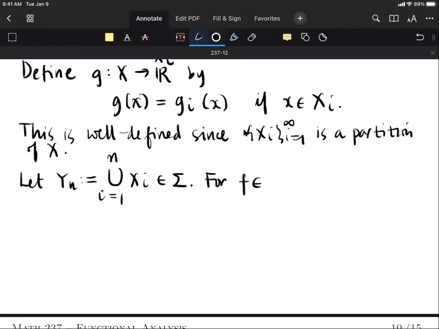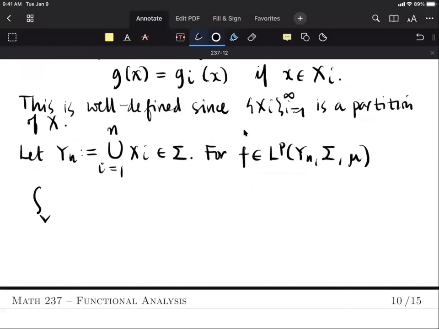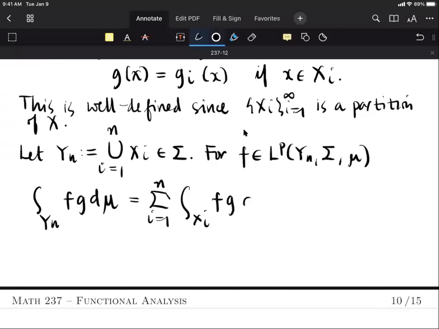So for f in LP, the integral over Y n of f g d mu, you can partition this into integrals over x sub I of f g d mu, and then you can use here the restriction measure.